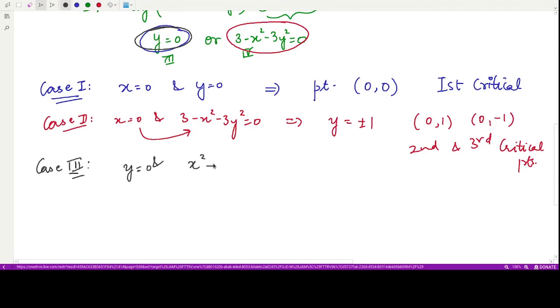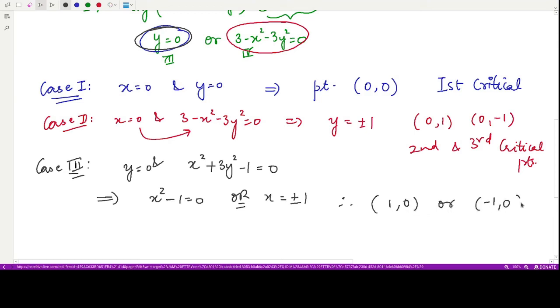When you solve these two equations simultaneously, you obtain x square minus 1 is equal to 0, or x is equal to plus minus 1. Therefore, the points you obtain are 1, 0 and minus 1, 0. So you got your fourth and fifth critical points from here.